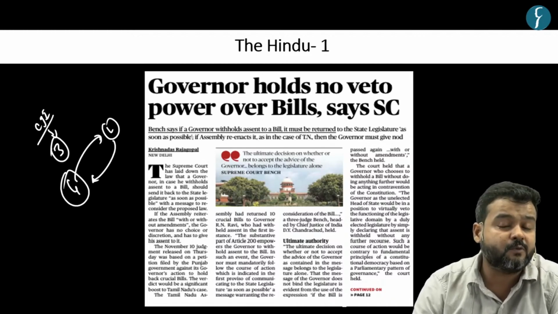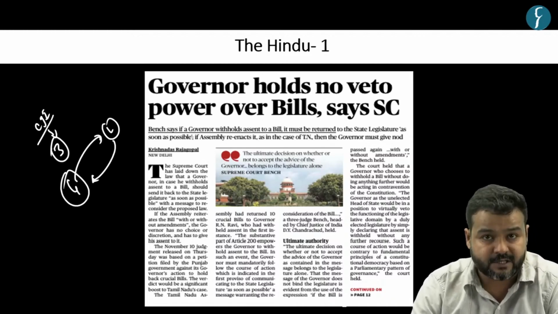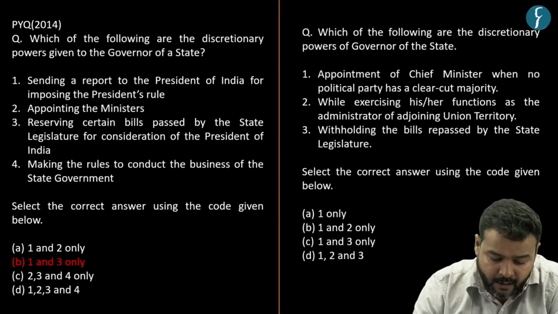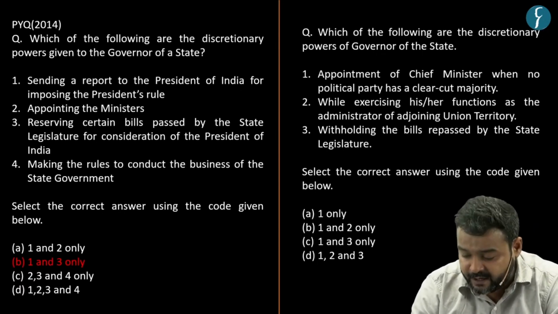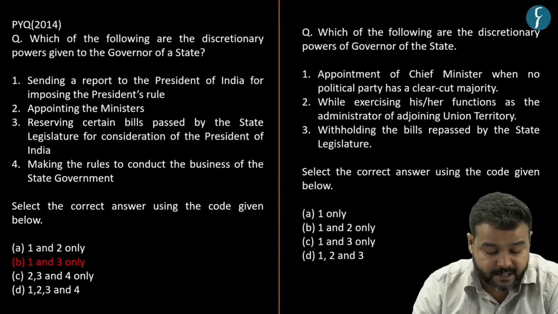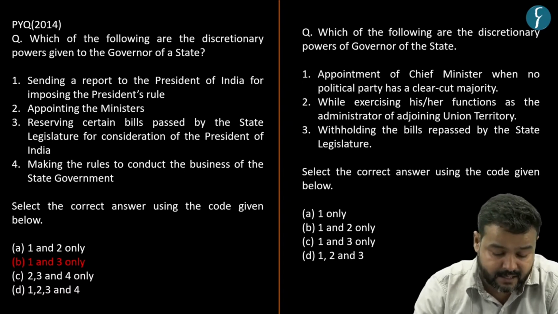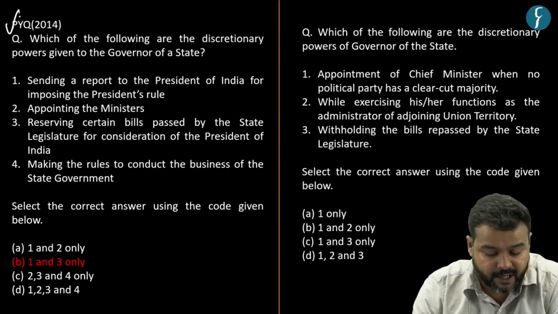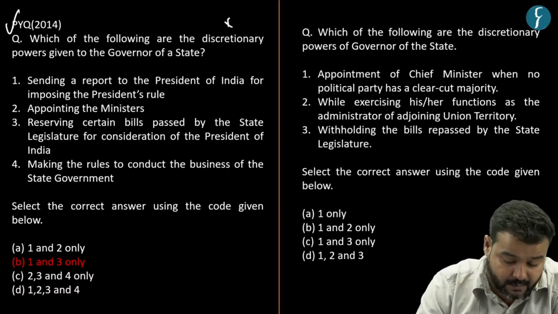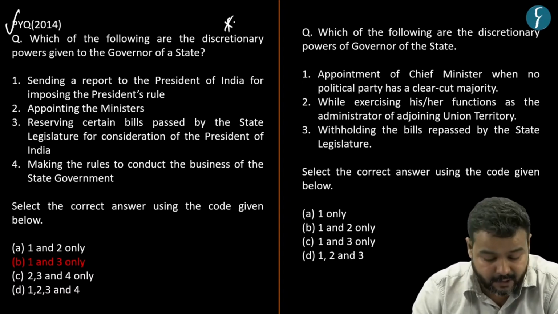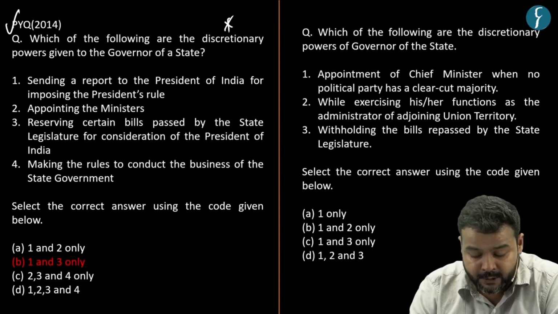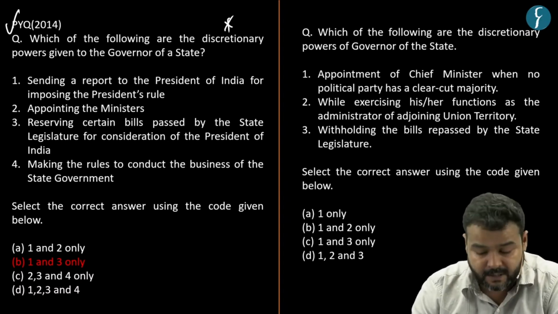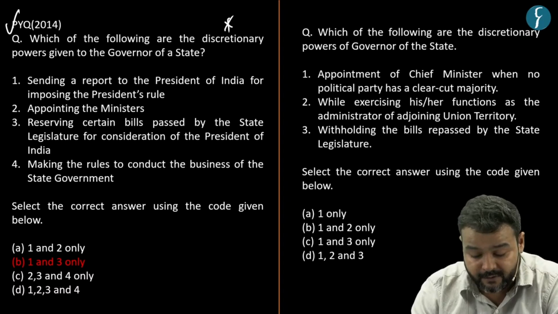This is what the Supreme Court has to say about this issue. You know that the power of the governor is a very important topic from the perspective of the UPSC examination. In 2014 they asked a question about the discretionary powers of the governor of a state. So we have framed a question based on the discretionary power of the governor itself.